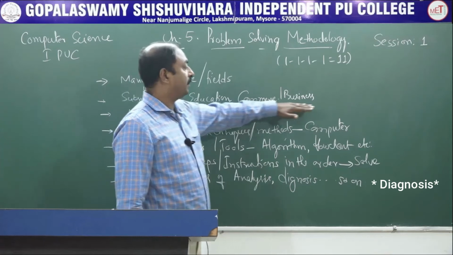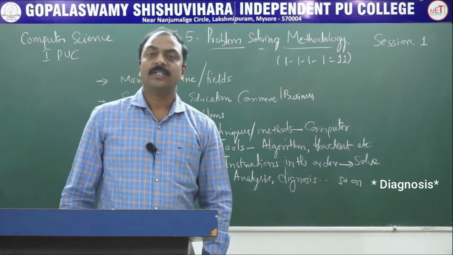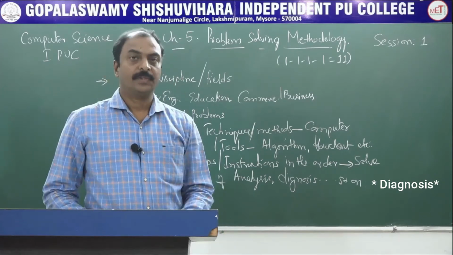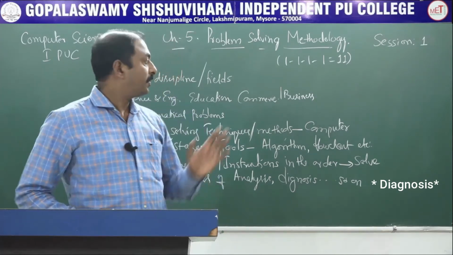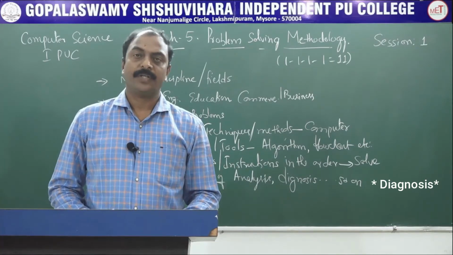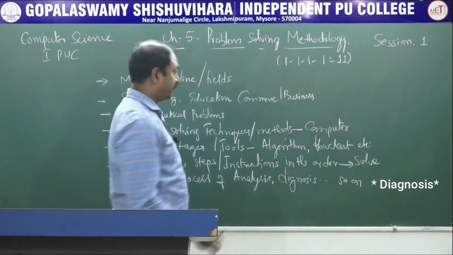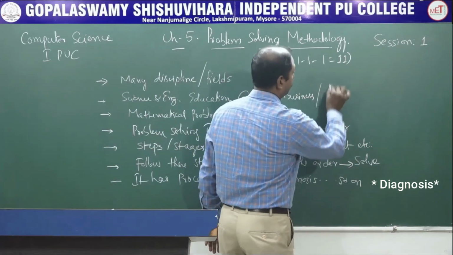In commerce and in the field of business, again it is to process a very large amount of data. In the field of commerce or science, it has to process a large number of data, or the data is very voluminous. A very good example for this is the Aadhaar card.